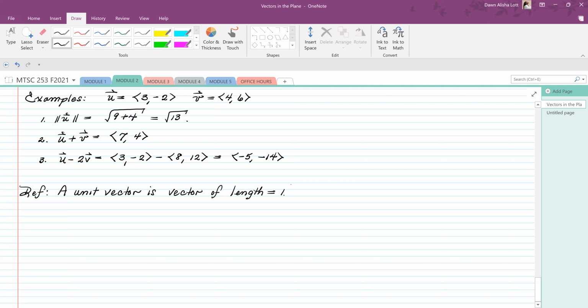Okay, so I can make any vector into a vector of length 1. All right, so this is how I will do it. I'm going to start with the vector. So let's let A be the vector A1, A2. Then let's find the length of A.